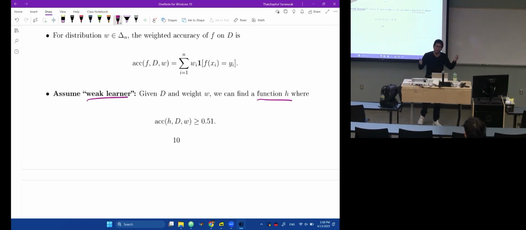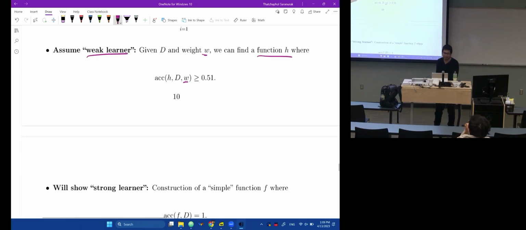So it's just kind of correct, but not that good. Correct more than half, but with respect to this weight. The fact that you can choose any weight distribution of the pictures and still be correct by more than half fraction, that's the strength inside the weak learner. So it's not that weak, but it looks weak.